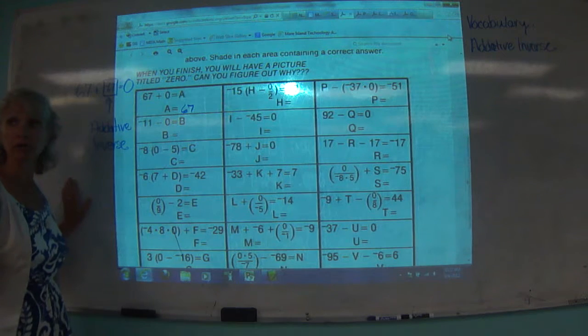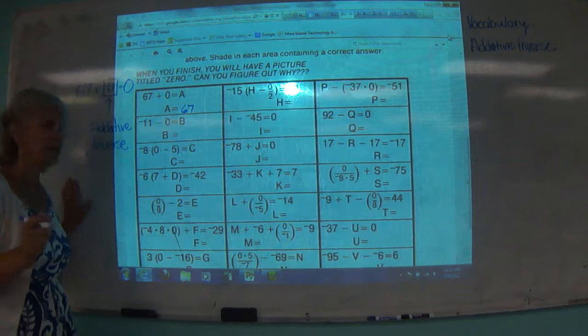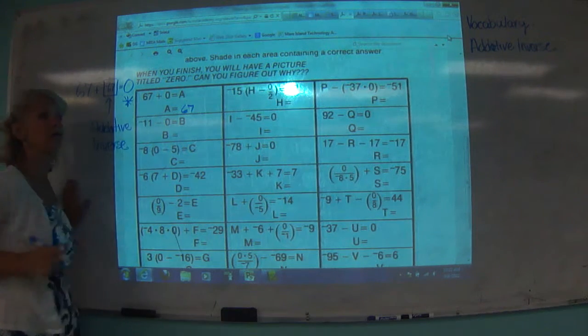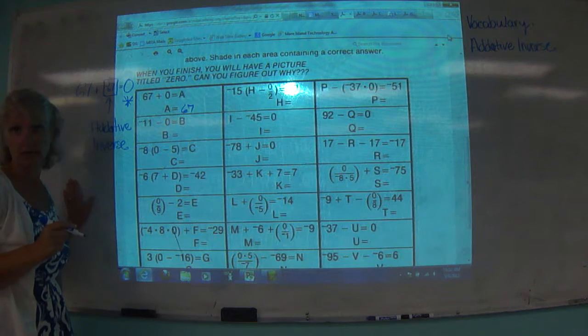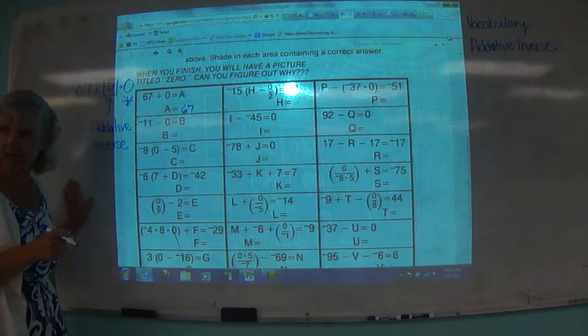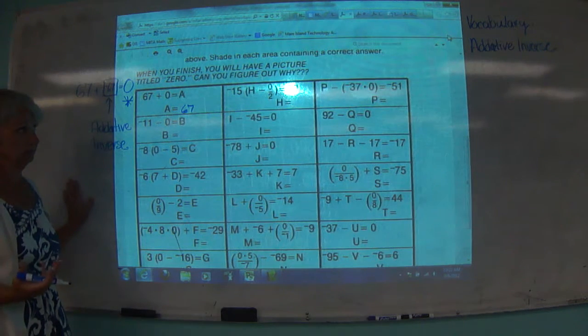So a number and its opposite can be added together and get to this magical number known as 0. Now remember, 0 is neither prime nor is it composite. It's so special, it has its own being.